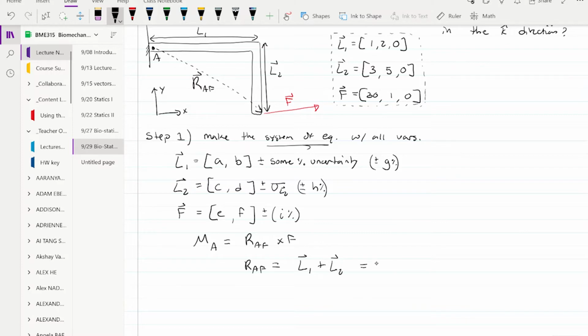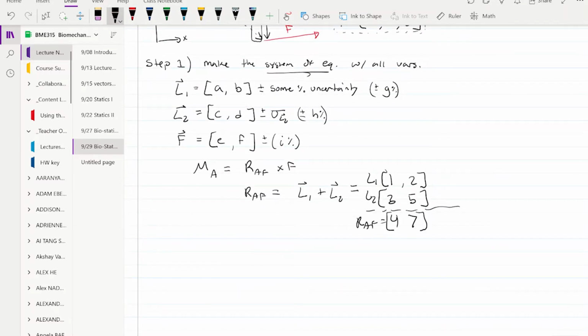If we write this out again, L1 is 1, 2, 0, and L2 is 3, 5, 0. And then we want to take the sum. So RAF is equal to 4, 7, and 0. Let's just ignore these zeros, actually. So RAF is 4, 7.